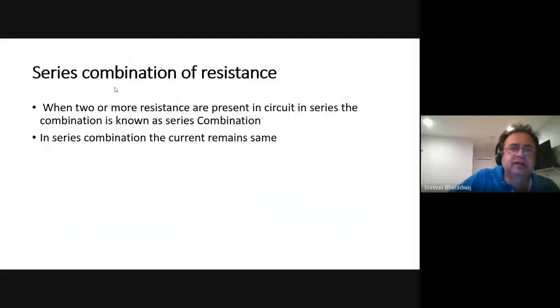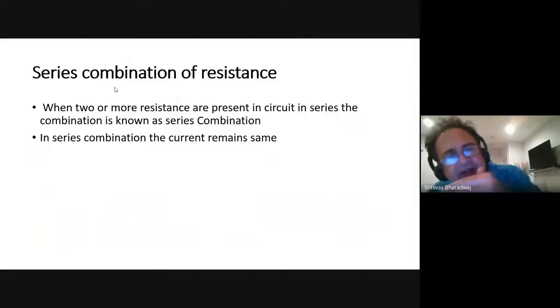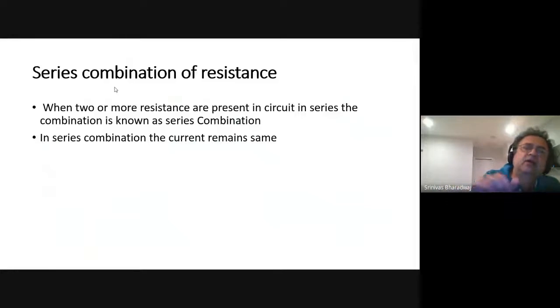Two or more resistors in series, we know it as a series combination. In a series combination, the current is the same and the voltage is the sum, and therefore when we look at the combined resistance of a series combination, we just add the individual elements.